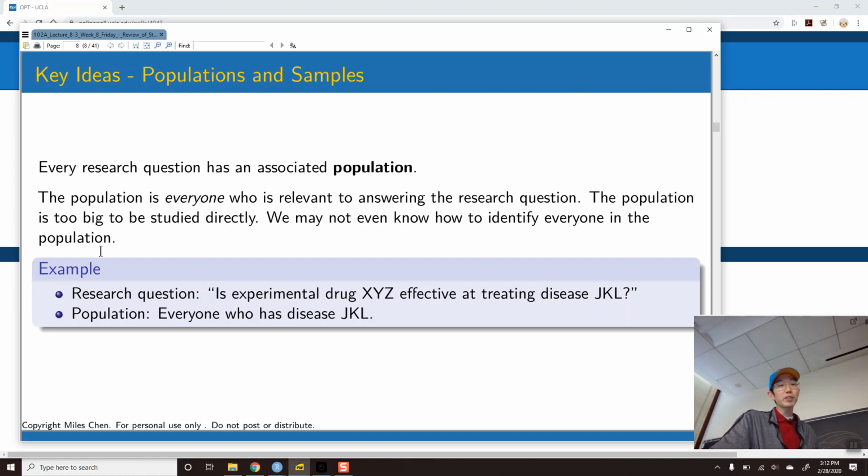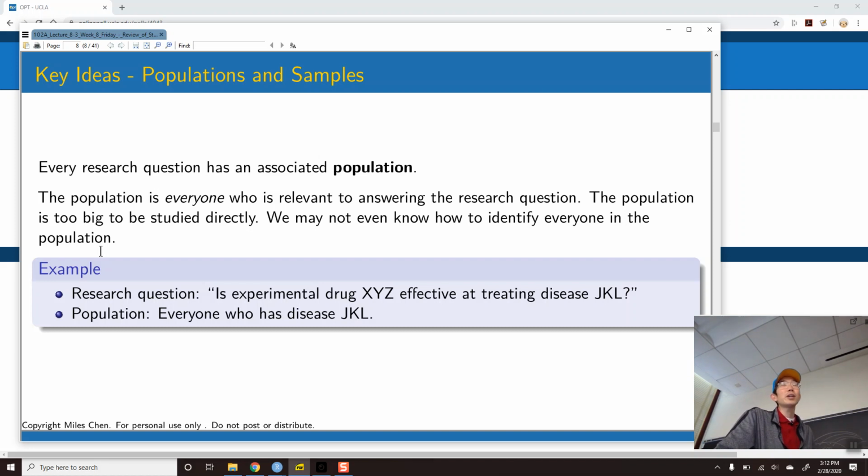And we might not even know how to identify everyone in the population. For example, you might have a research question: is this experimental drug, XYZ, effective at treating disease JKL? So you've got some mystery disease, and you want to know if this experimental drug is effective at treating it. The population would be everyone who has this disease, okay?